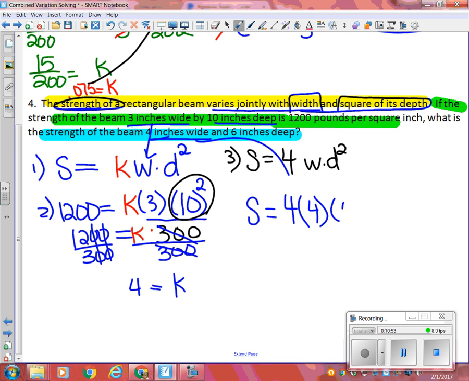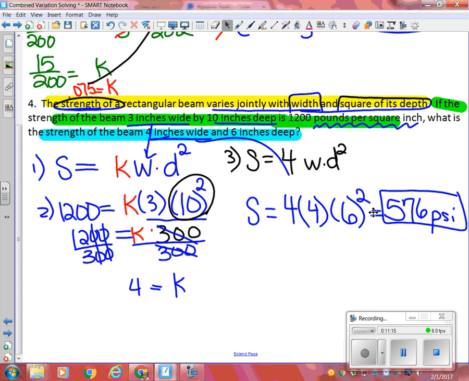And 6 inches deep, 6, and I have to square the 6. All right, so when we multiply 4 times 4 times 6 squared, I believe we get 576. And it is described in pounds per square inch, which can be abbreviated as PSI. All right, so that would be how we would work our combination variation problems.